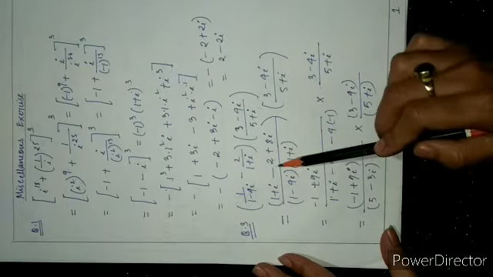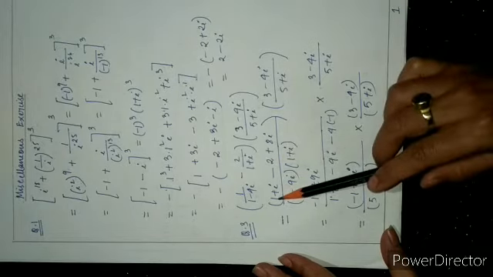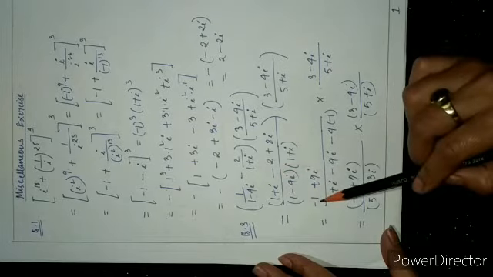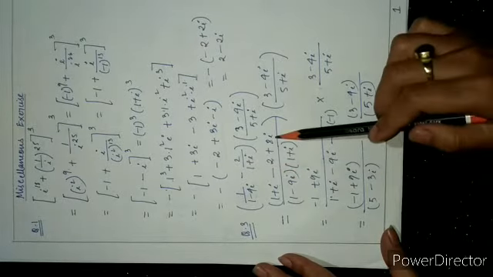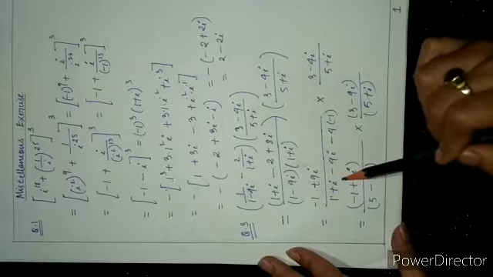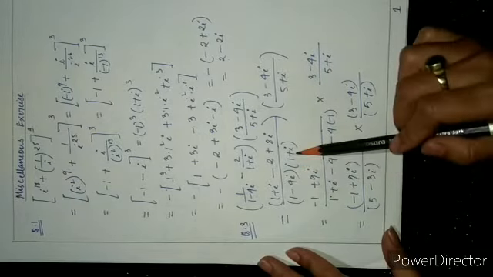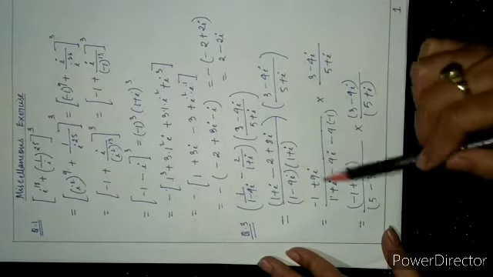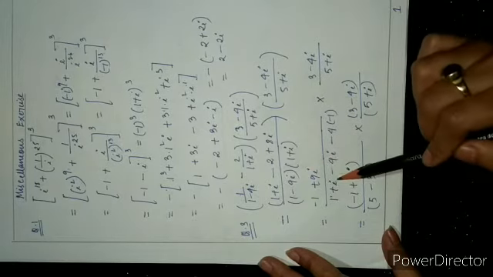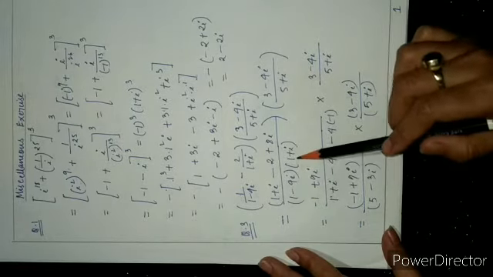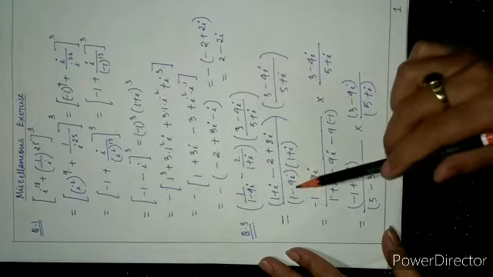Then find the sum of the real parts and the imaginary parts. 1 minus 2 is minus 1, and i plus 8i gives 9i, divided by the product of these two complex numbers. 1 into 1 is 1. 1 into i is equal to i. Minus 4i into 1 is minus 4i.